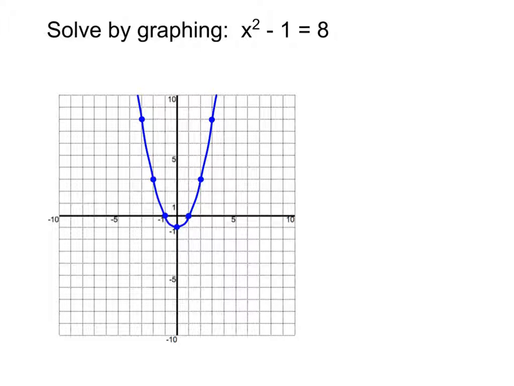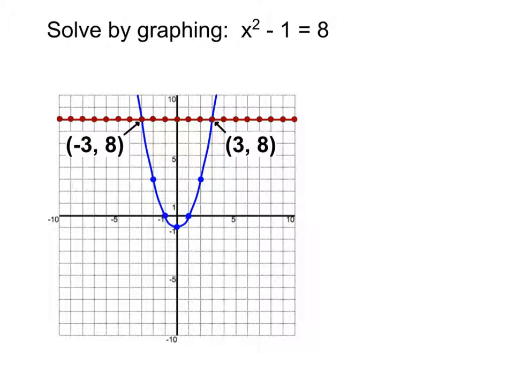So this is what the x squared minus 1 looks like. And so then when we go to graph the right side, that's basically just y equals 8. And so remember, that ends up giving us a horizontal line, because that represents all the different numbers where y can equal 8, because x can be anything in that kind of a case. And so our solution is where those two cross.